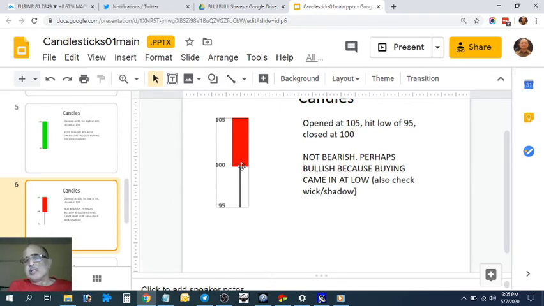If you see the candles before it, if a stock has been falling continuously, and then you suddenly see this candle, then you will think that the sellers are no longer interested to sell at lows. Anyway, I'll come to that a little later. In this we interpret that buying came at 95 and it closed at 100. There is some kind of demand at 95. Always check the wick, or they also call it the shadow.